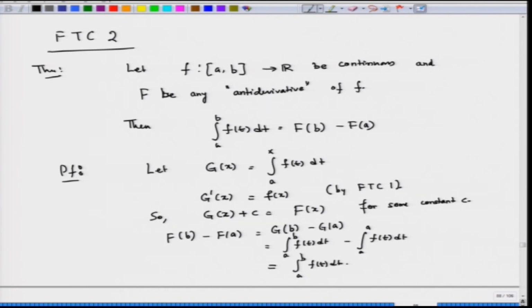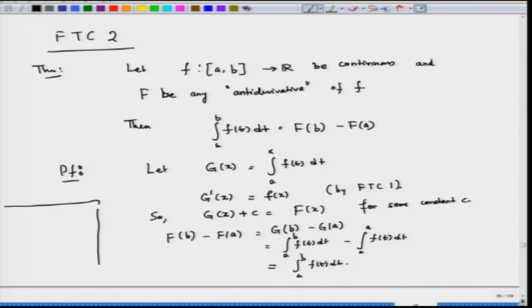So, what does this say? This says that if f prime is continuous, then the integral from a to b of f prime of t dt is equal to f of b minus f of a. This is what this theorem is saying.